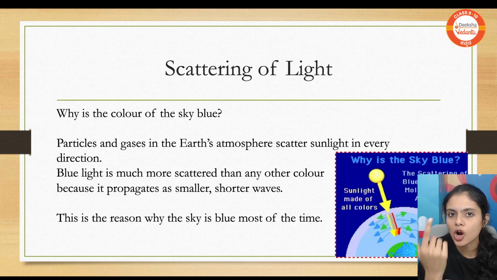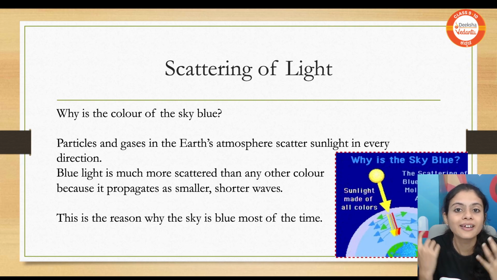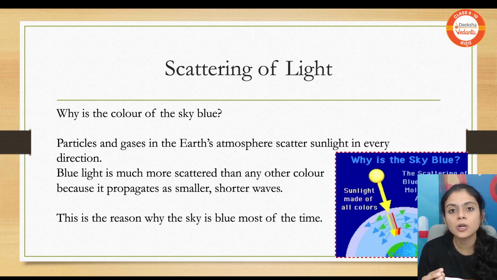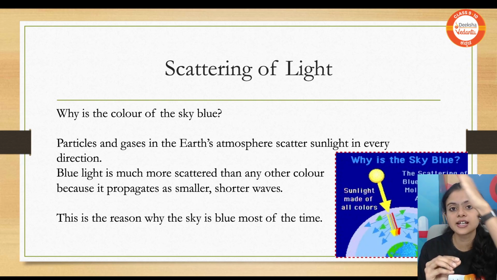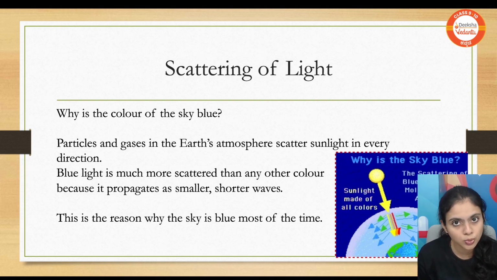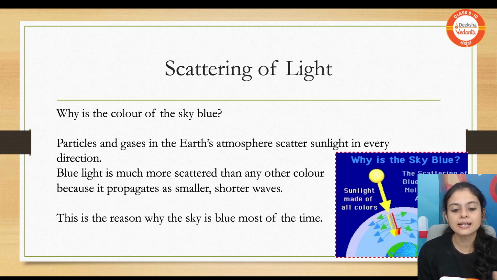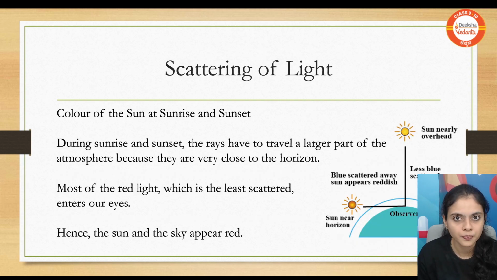Violet light is not so sensitive to our eyes. It will scatter so much that we cannot see it. But the blue light scatters in a particular portion that enables our eyes to see it. Red light scatters the least because the particle is small and the wavelength of red light is more. It will just pass through. This is the reason why the sky appears blue most of the time.